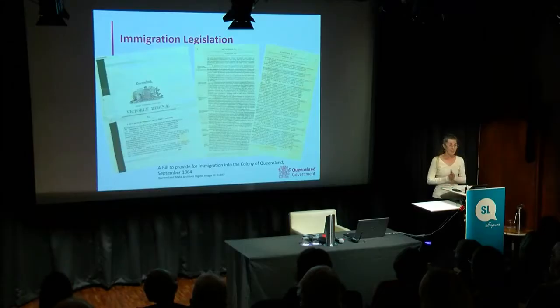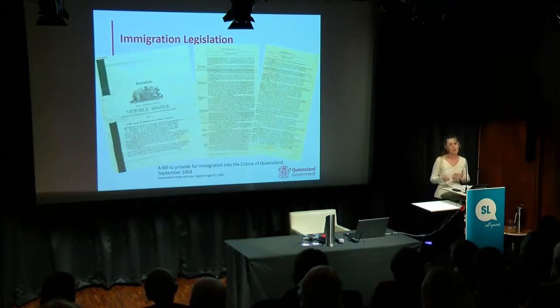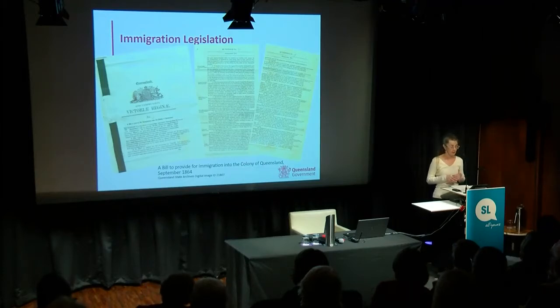So what it's all about is the legislation. And it's the nitty-gritty that tells you what all the rules and regulations were, what people had to pay, who qualified, what records the immigration agents and the sub-agents had to collect.